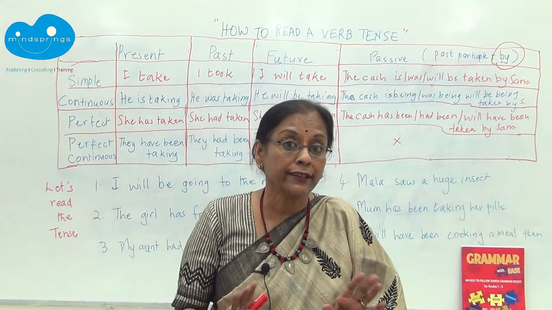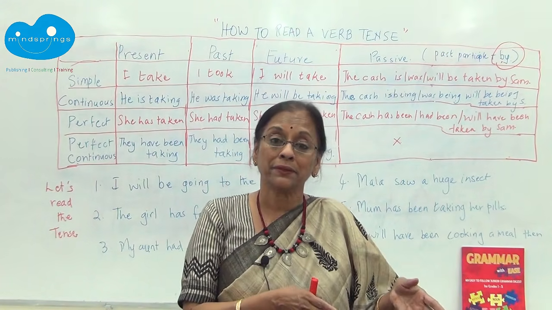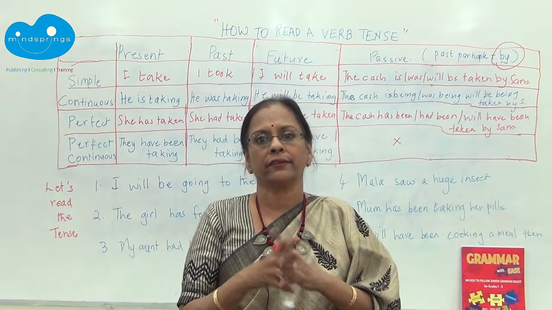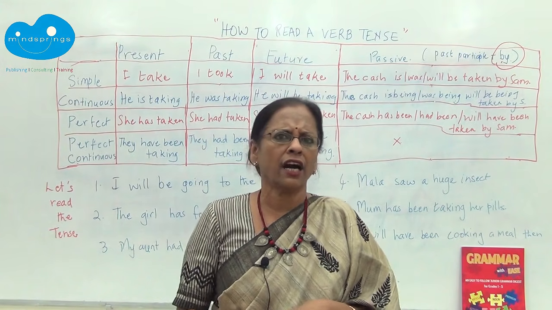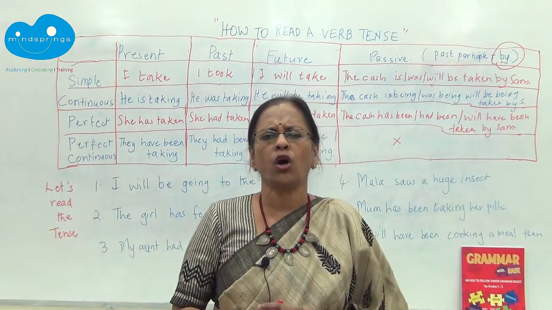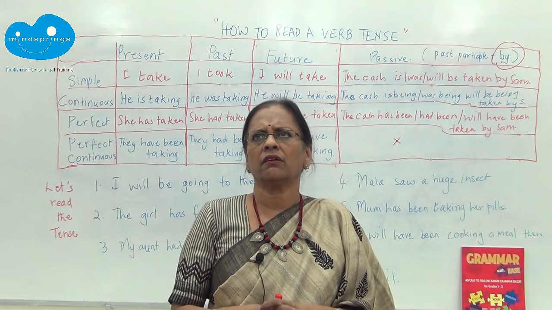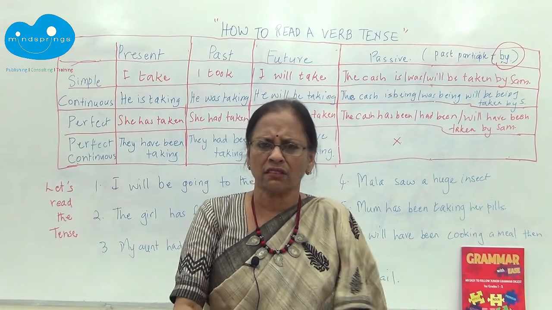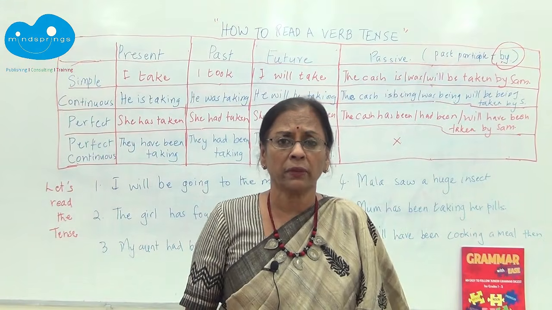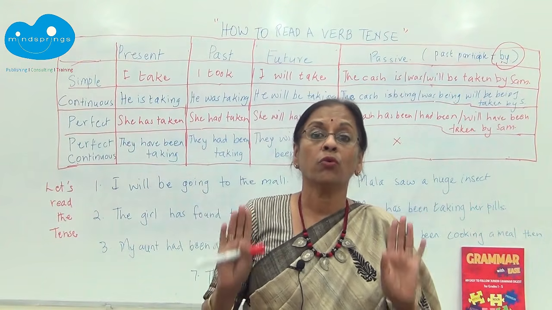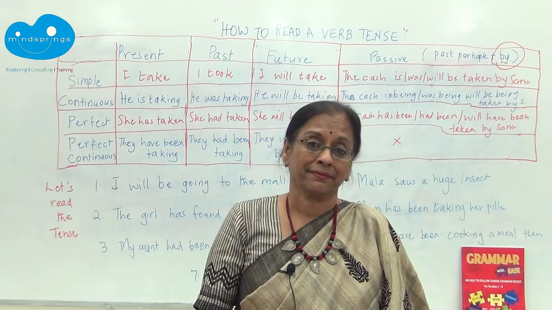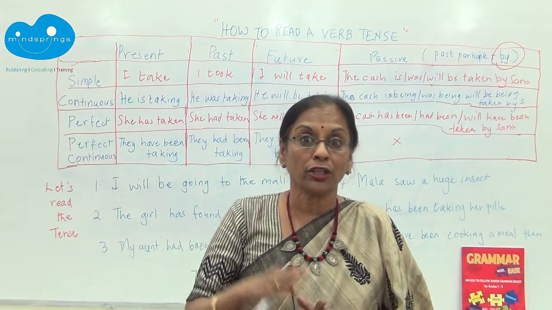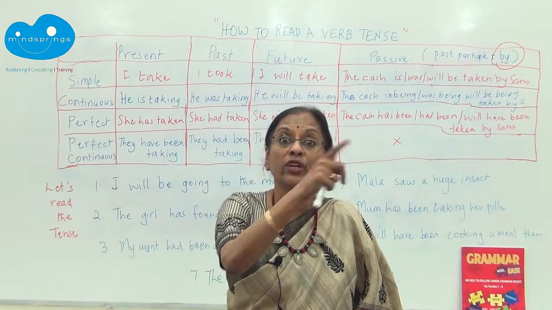It is not who did it, it is what happened. What happened? The rat was killed. Most important thing. It could have been killed by a car, it could have been killed by a storm, it could have been killed by a pesticide, or it could have been killed by a cat. It doesn't matter. The most important thing in a passive voice is what happened. The most important thing in an active voice is who did it.